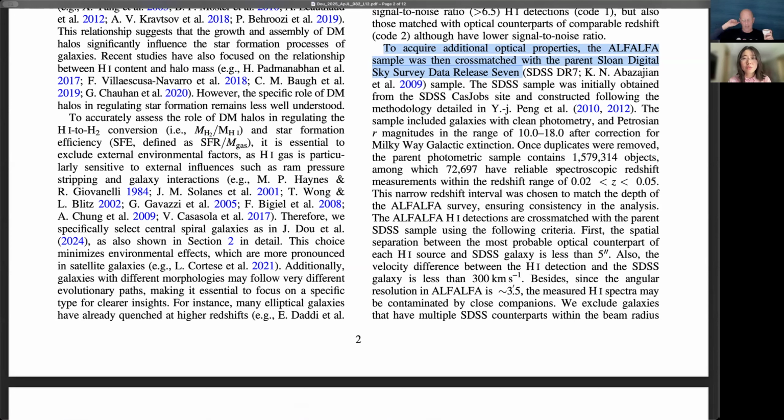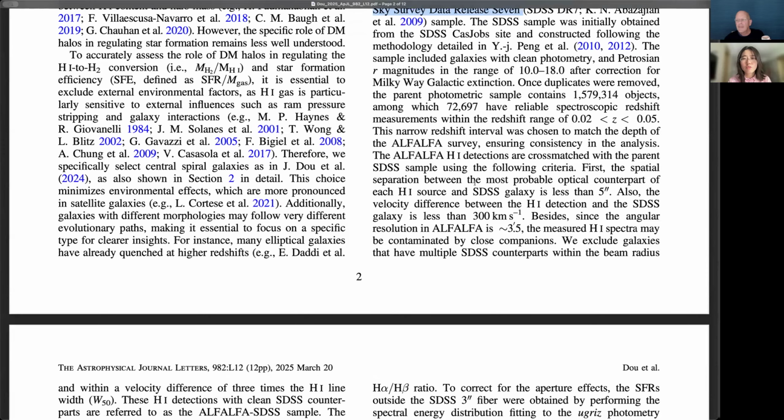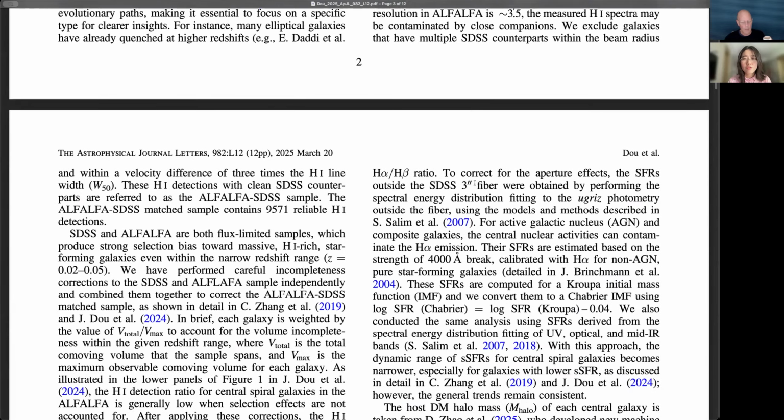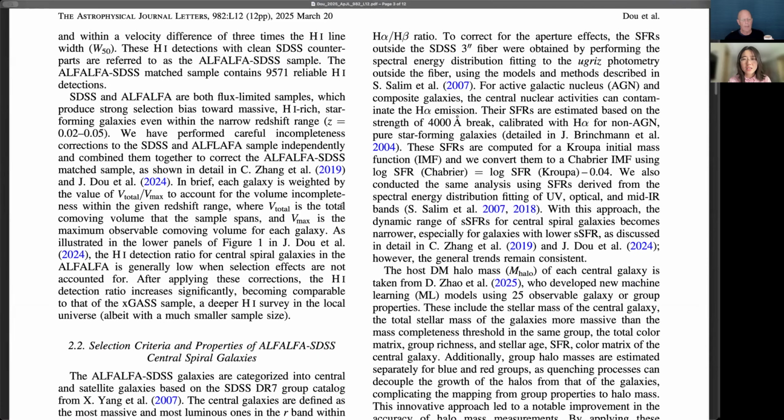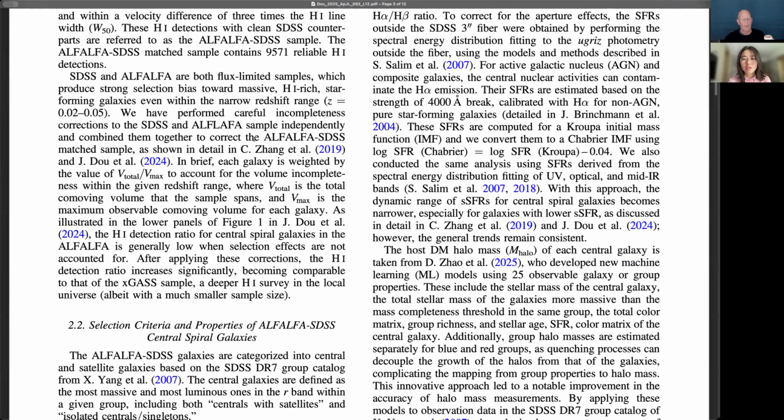If you are interested, you can refer to Zhang et al. 2019 and Dou et al. 2024's work. In brief, we assign each galaxy a statistical weight to account for this selection bias, and this weight is used in the statistical studies.